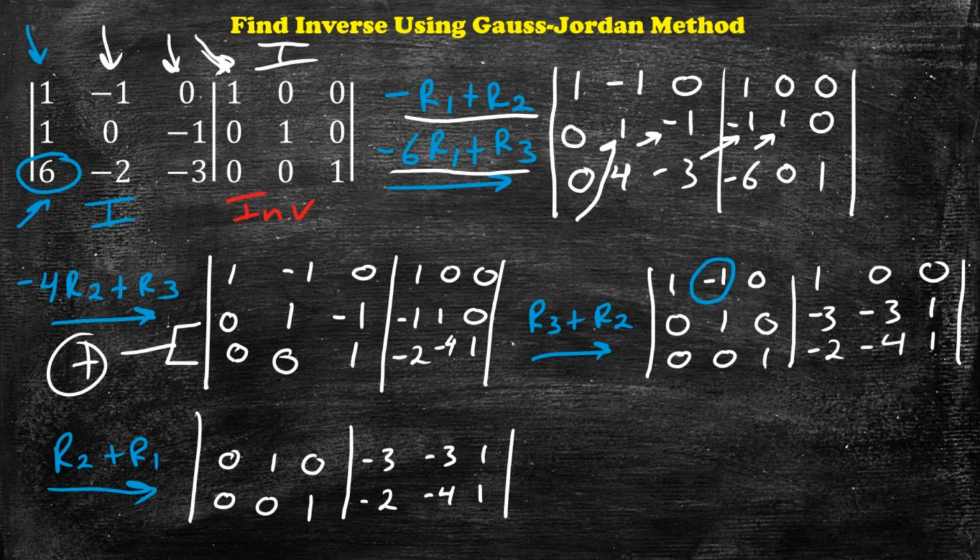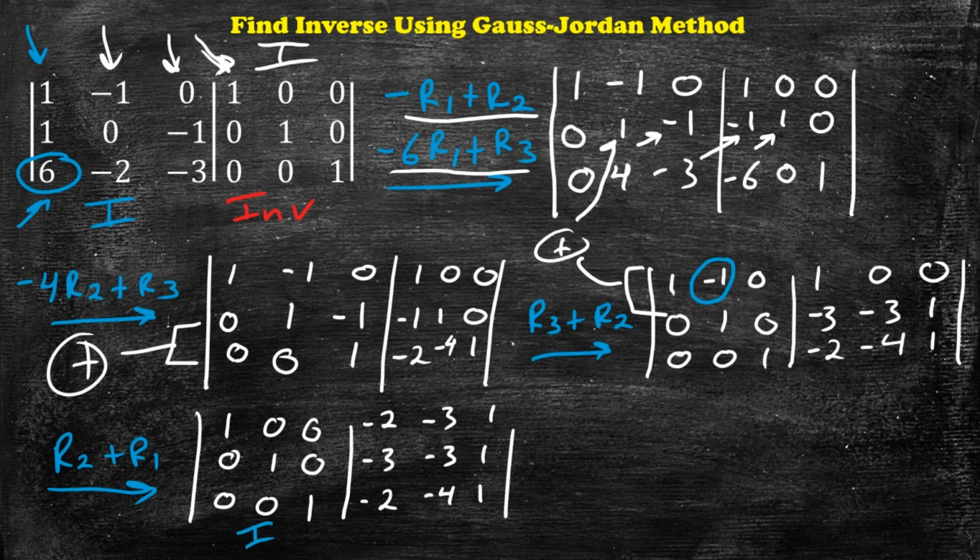And all we're doing is just adding these two rows here together. All right, so we're going to get 1, 0, 0, negative 2, negative 3, and 1.